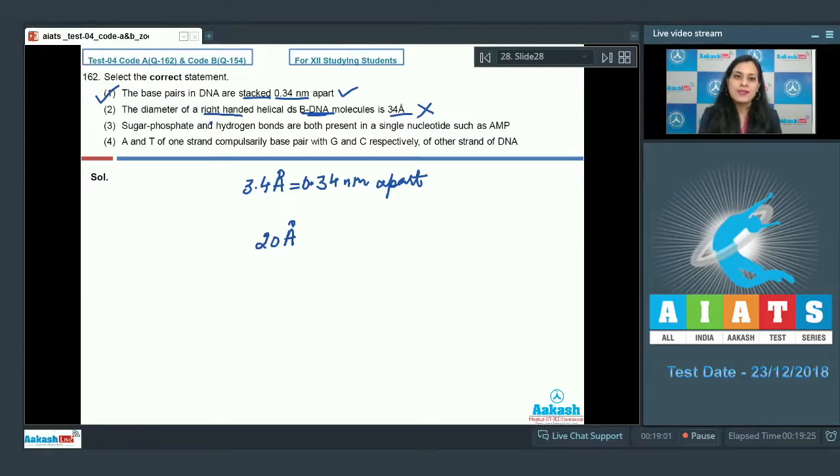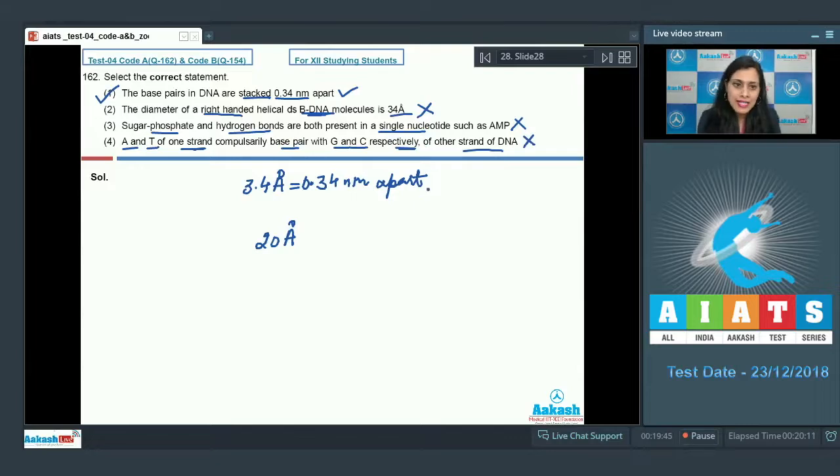And this is an incorrect statement because the diameter of this double-stranded B-DNA molecule is 20 angstrom and not 34 angstrom. The next statement given is sugar phosphate and hydrogen bonds are both present in a single nucleotide such as AMP, and this is an incorrect statement because hydrogen bonds are absent in a single nucleotide. Next statement given is A and T of one strand compulsorily base pair with G and C respectively of the other strand of DNA.